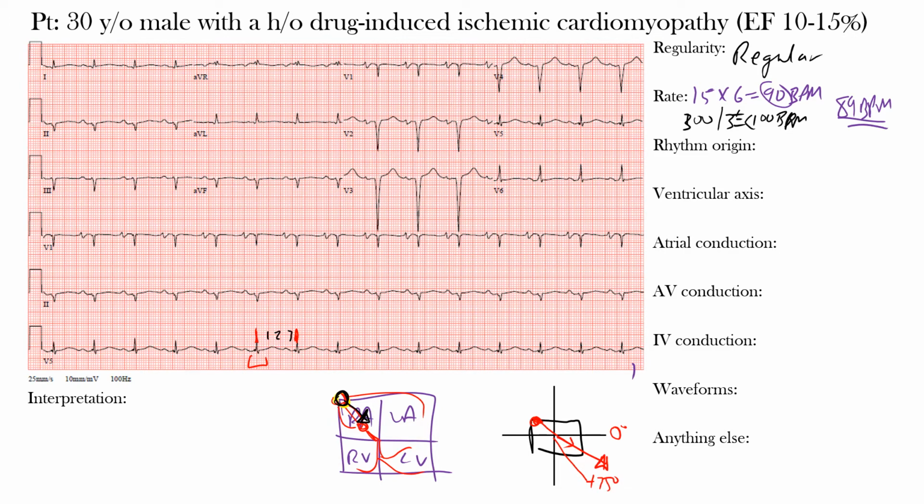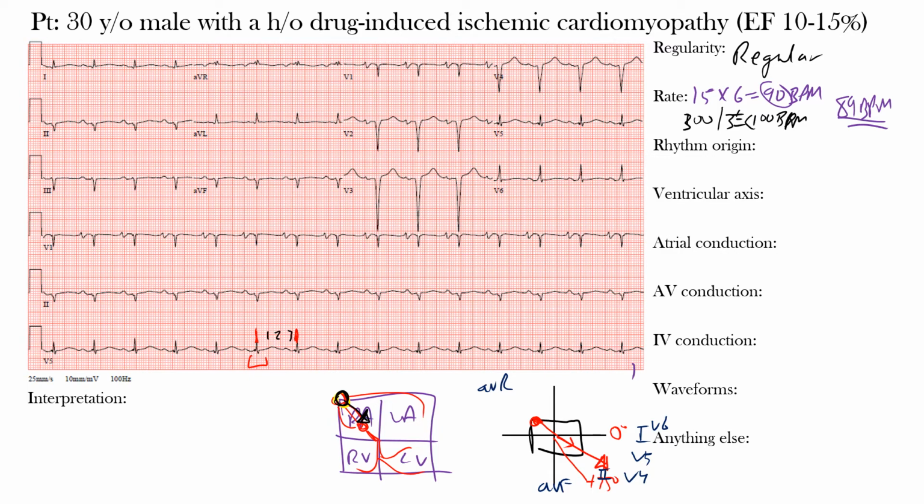Now the leads that the impulse is heading towards will see upright positive P waves. So lead 1 sits here, AVF is here. We have lead 2 sitting at positive 60 degrees. V4, V5, and V6 are in the horizontal plane. So we typically see upright P waves because it's heading leftward and inferiorly, and then lead AVR is here, so we'll see inverted or negatively deflected P waves.